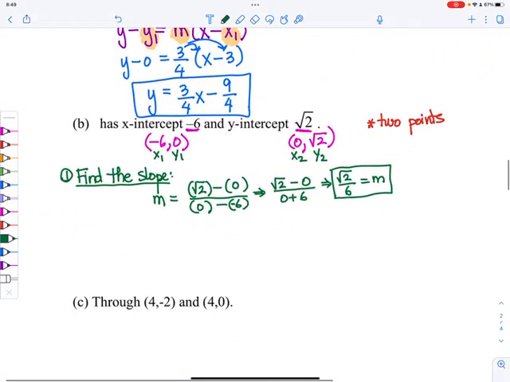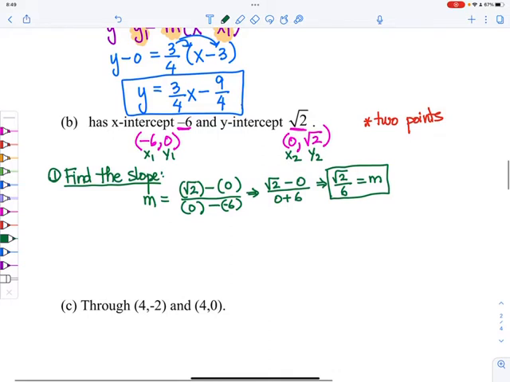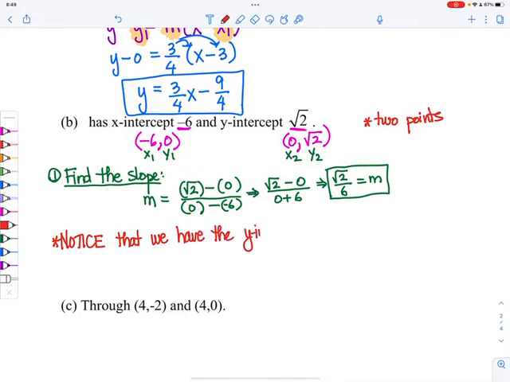Now, we would use one of our formulas to write the equation, but notice that we have the y-intercept. Since we've got the y-intercept, I can use the slope-intercept form of the line, because I have a slope and I have the y-intercept.